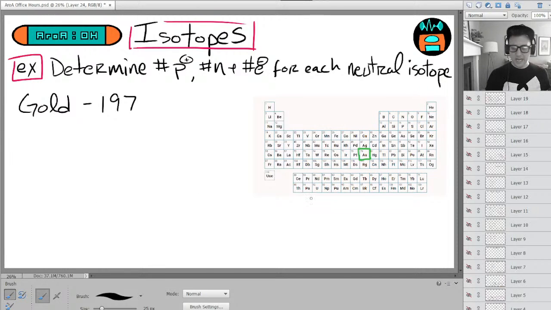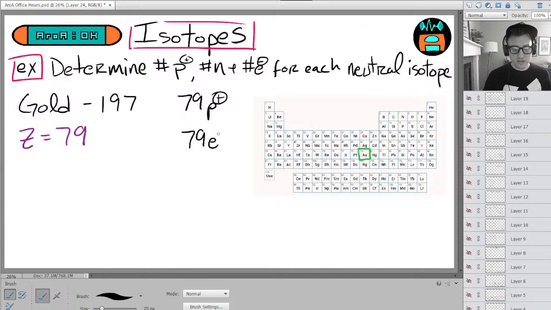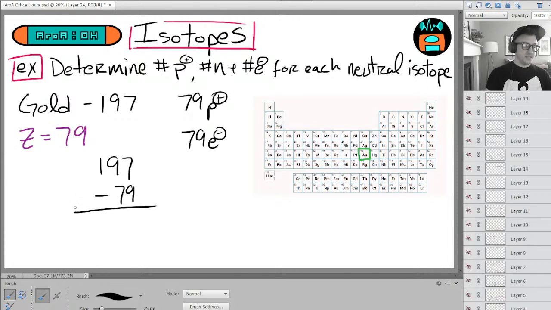It has the atomic number of 79. So that means we have 79 protons and 79 electrons, because again, we're neutral. Now we need to find our neutron count, which we get by subtracting our atomic number from our mass number.